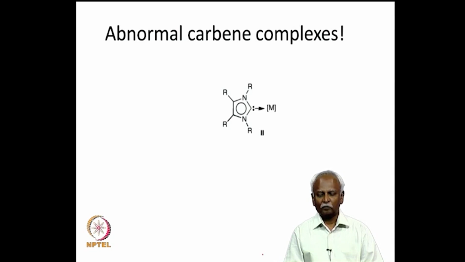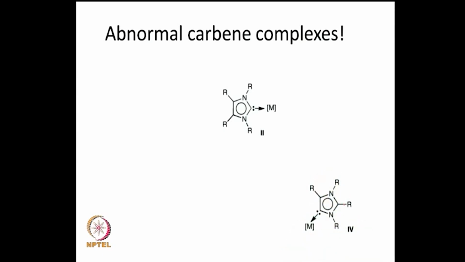Just imagine that you have, instead of the lone pair on the carbene carbon between the two nitrogens, the lone pair situated on a second carbon. So, it is not this carbon which is holding the pair of electrons, but let us assume that it is this carbon.